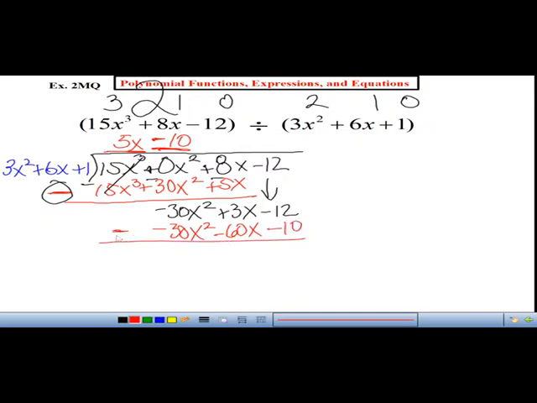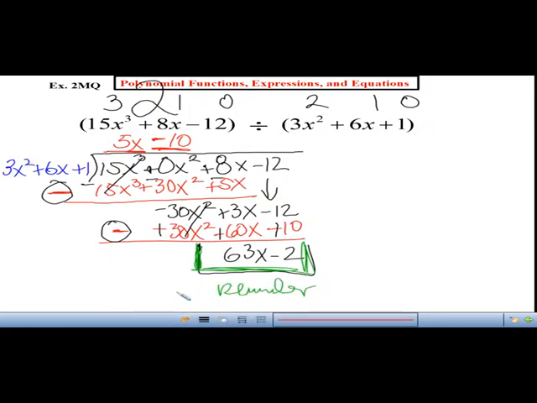We're going to subtract. And what does that do to all of these? Changes it to their opposites. Cancels. This is 63x, and negative 12 and positive 10, that's negative 2. And by the way, this is our what? Our remainder.